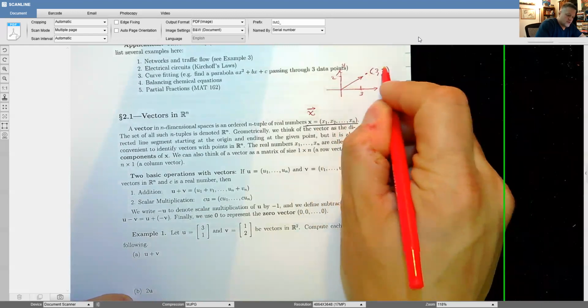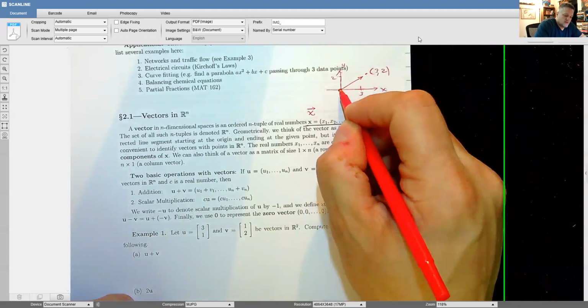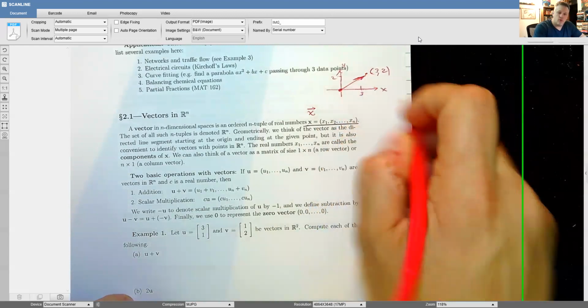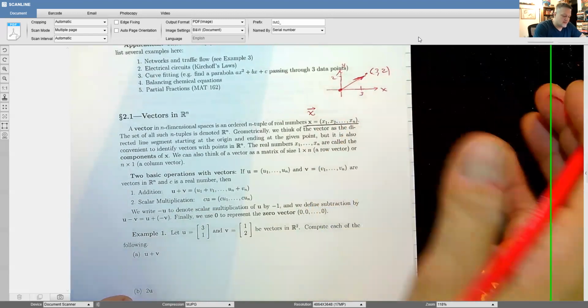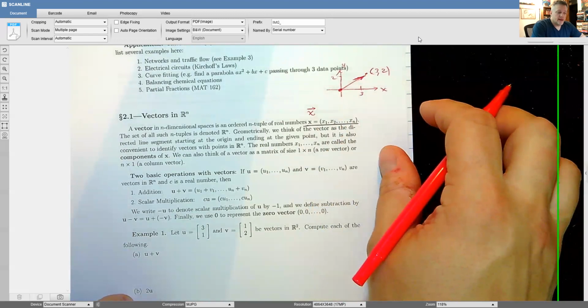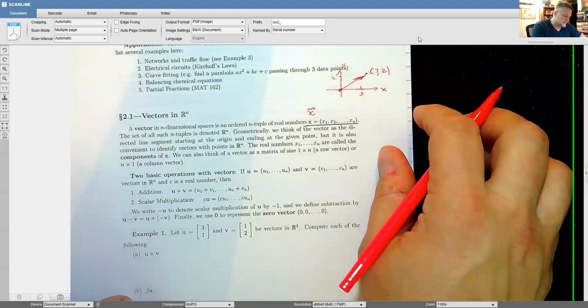So the vector 3, 2, you can think of as a directed line segment that starts at the origin and whose head points towards that point 3, 2. So that's a way of thinking of a vector. And sometimes it's actually quite useful in R2 and R3 to draw them that way, especially when you're dealing with forces and that sort of thing.